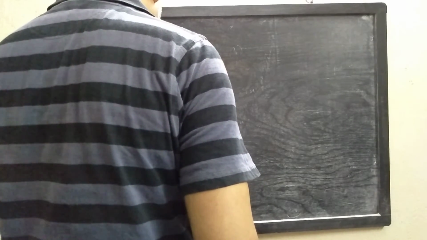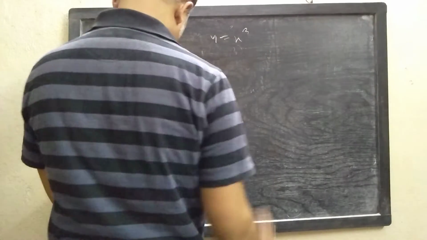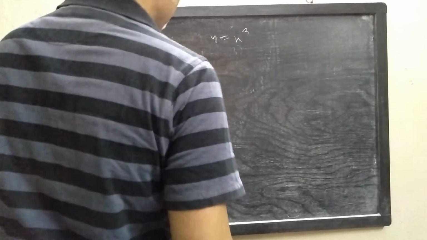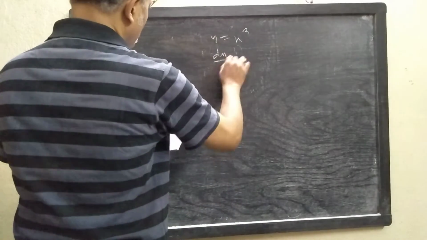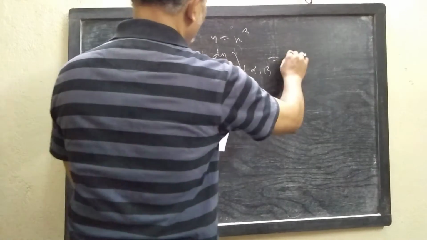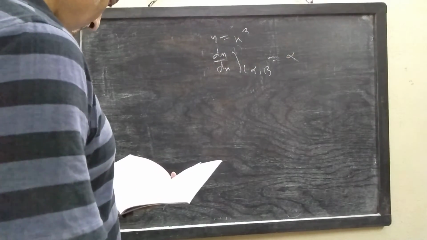Find the points on the curve, it is same, y equals to x cube, where the slope of the tangent is equal to abscissa of the point. So here dy dx at alpha beta, this will be equals to alpha. In the previous problem it was beta, now it will be alpha.